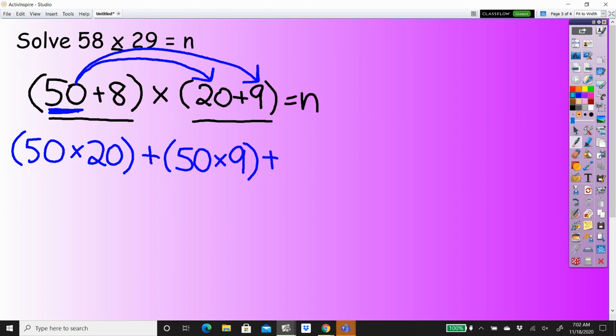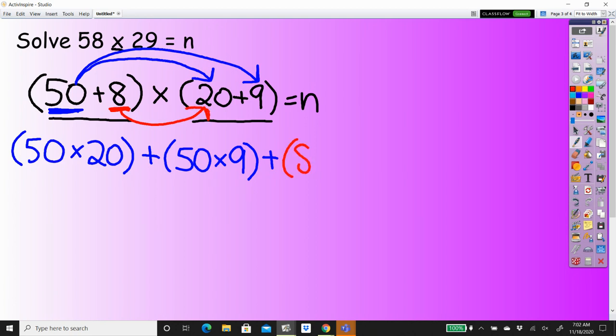Now I'm going to do the 8. I will distribute the 8 just like I did the 50. I will do 8 times 20.